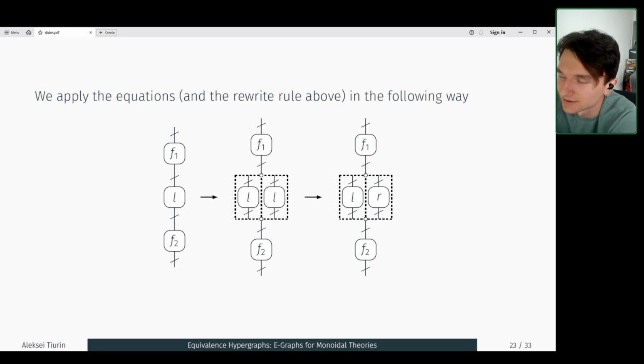So this form is maximally compact and is saturated with respect to this rewrite rule.